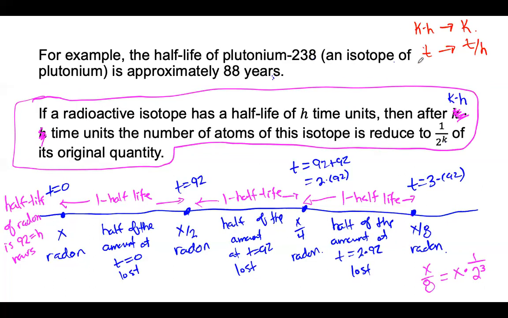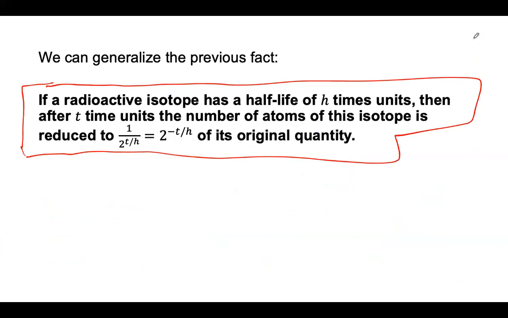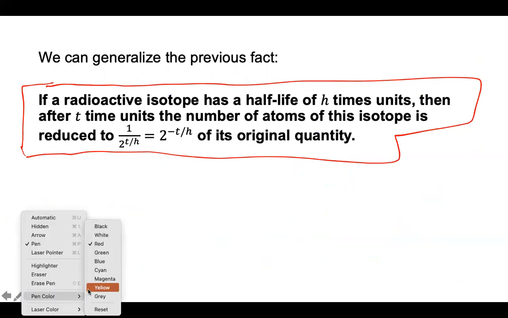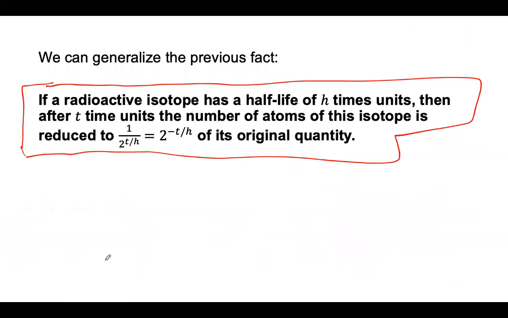So essentially, we're just making a substitution. It's the same thing as what we just drew with this picture, which I think is a little easier to understand, but we're substituting this K in for this. It's a little more straightforward if we see an example of how to use this formula and what it means.